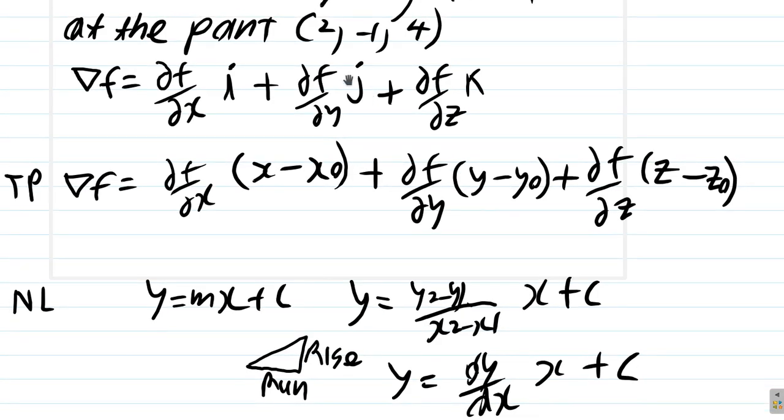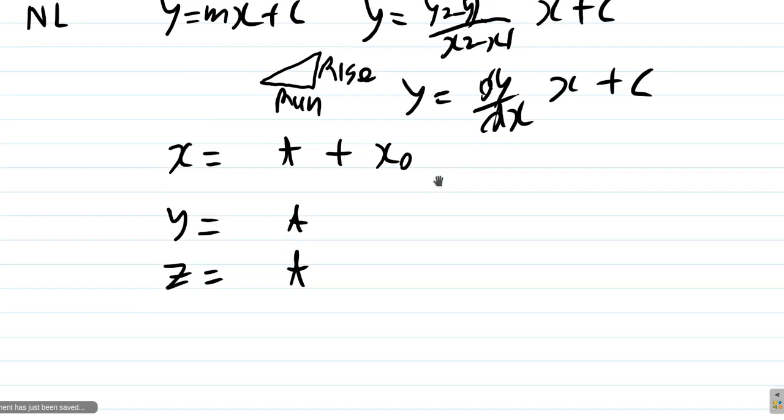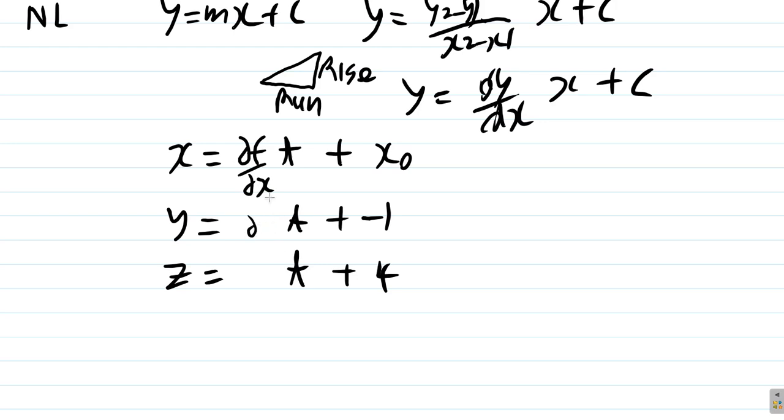In this case it would be 2. y naught is -1, z naught is 4. So plus -1 and plus 4. What do you have here? It's the partial of the function with respect to x for the gradient, the partial of the function with respect to y for the gradient here, and the partial of the function with respect to z for the gradient here. Alright? You remember those.